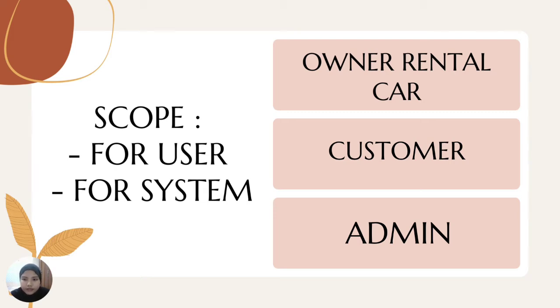For the rental car owner, the system will be hosted by the admin and the rental car owner. The rental car owner can update available cars and check customer details. For the customer, the customer will perform some important processes that have been identified, such as filling in personal details, choosing a location, and filling in the rental car booking information. Lastly is admin.